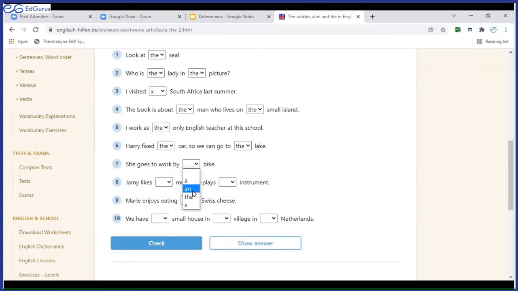Jamie likes dash music. He plays dash instrument. Jamie likes the music. No, X. He plays the instrument.